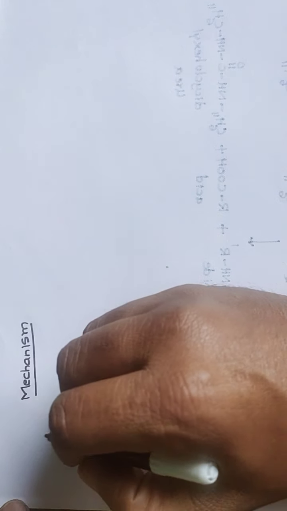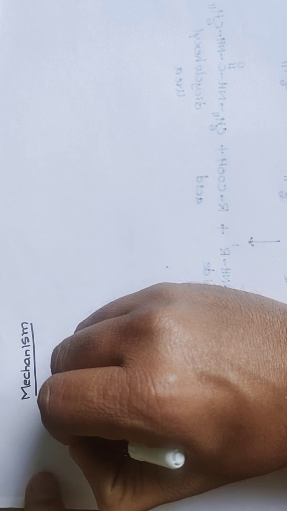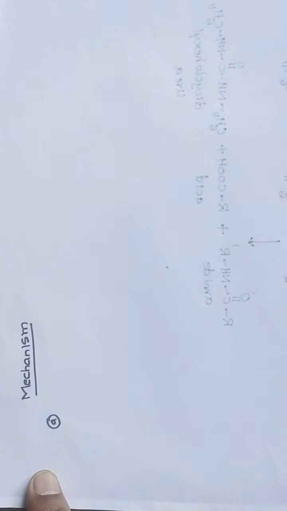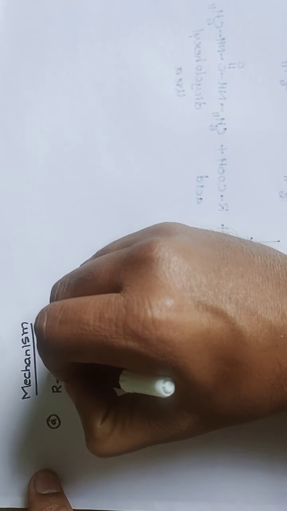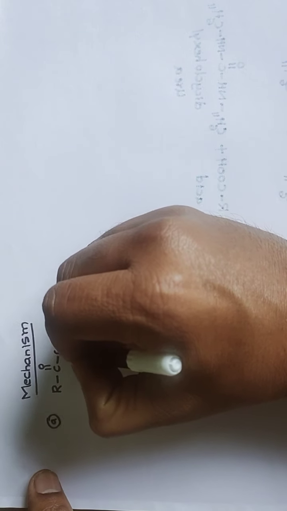Mechanism is nothing but the steps that are involved in the reaction. So what happens here, the first step I'll write it as A. So one molecule of acid, you know that acids are the substance that releases a proton easily.